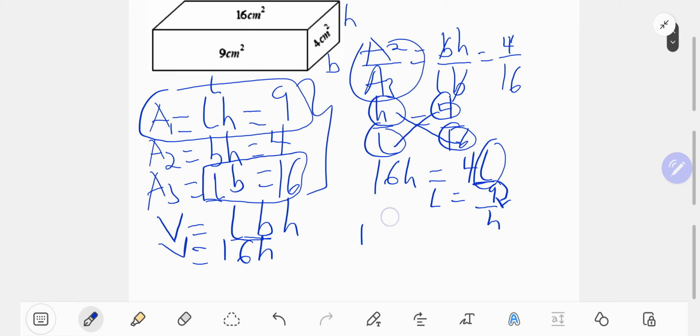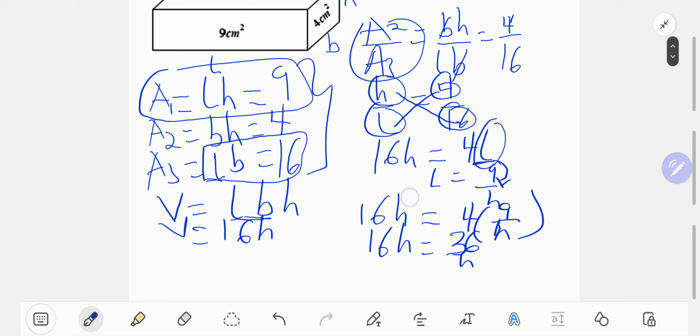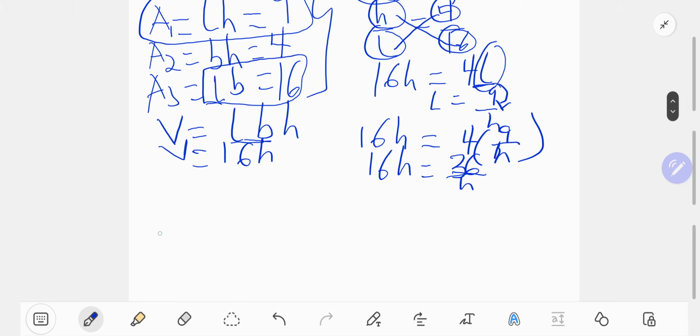So that's going to give us 16H equals 4 times L, and L is 9 on H, so we get this. So we get 16H equals 4 times 9, which is 36, so over H. Now we have 16H equals 36 on H. We can cross multiply to get 16H squared equals 36.